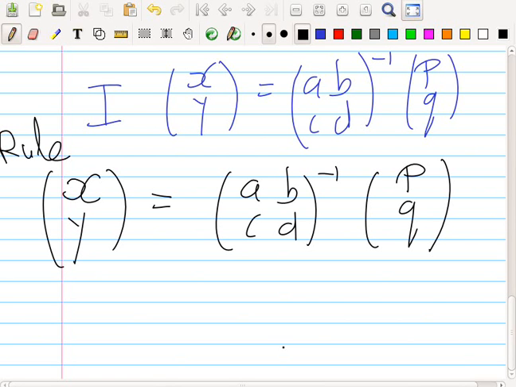So it's much safer if you just always use this method. Okay? Let's have a look at an example.